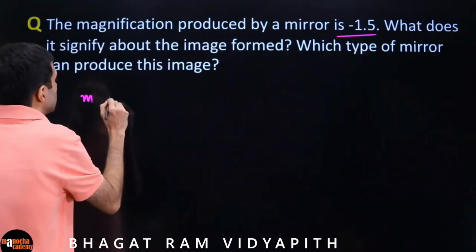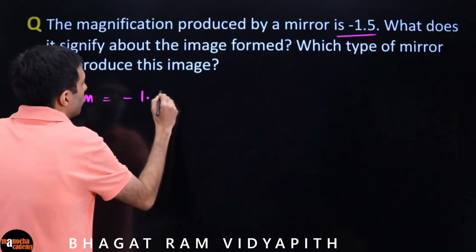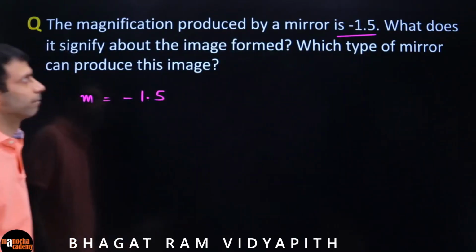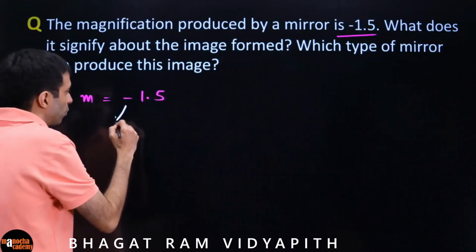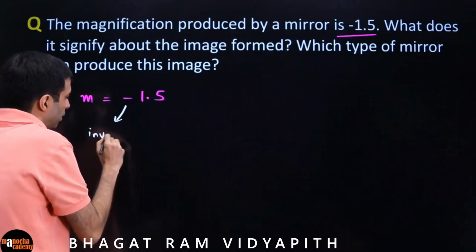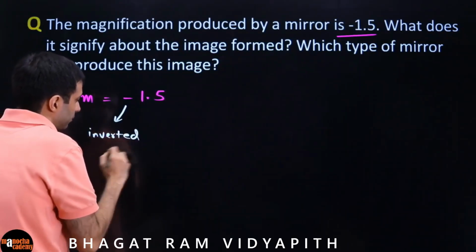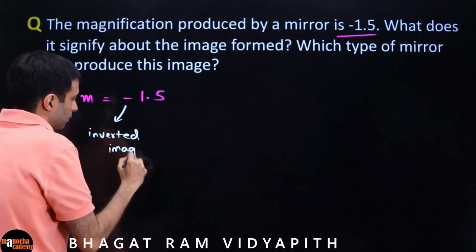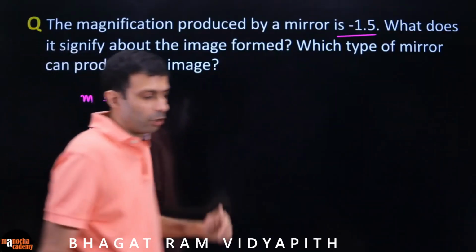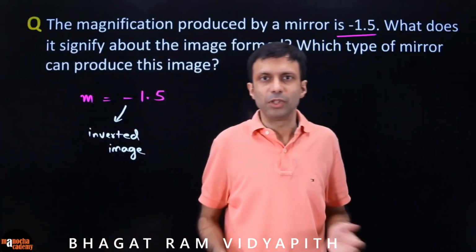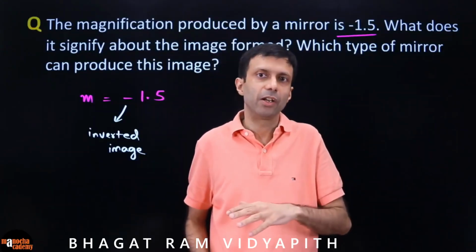So M is -1.5. So split it up, sign and number. Negative means what? It is an inverted image. 1.5 or 3/2. What does this tell you about the size of the image? Is it magnified, diminished, or same size?